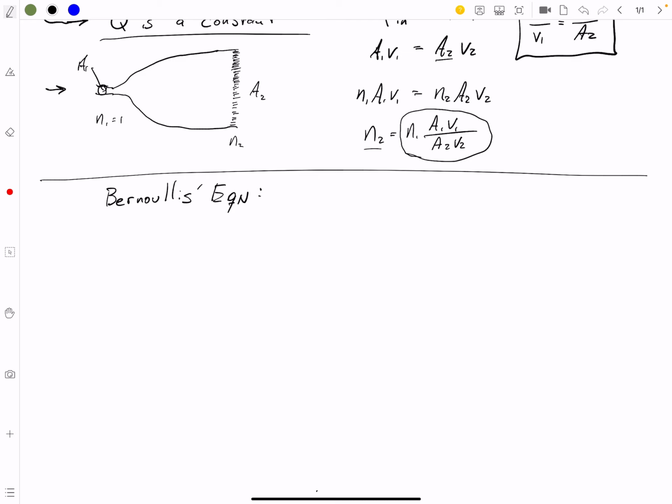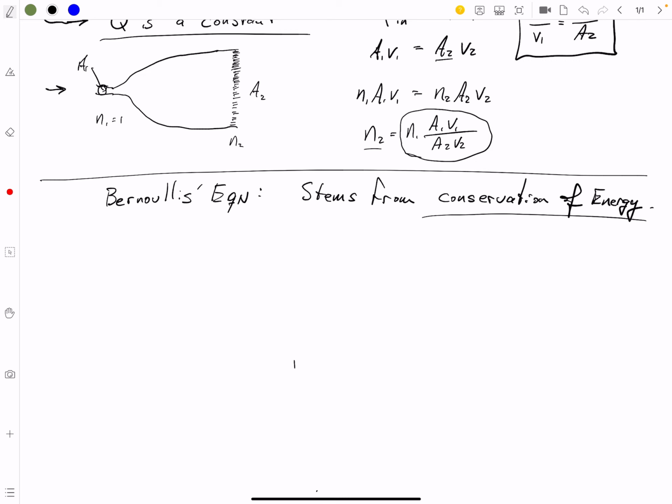It stems from conservation of energy. So Bernoulli's equation. Well, you guys are probably like, what is he talking about? Well, you know what I'm talking about.